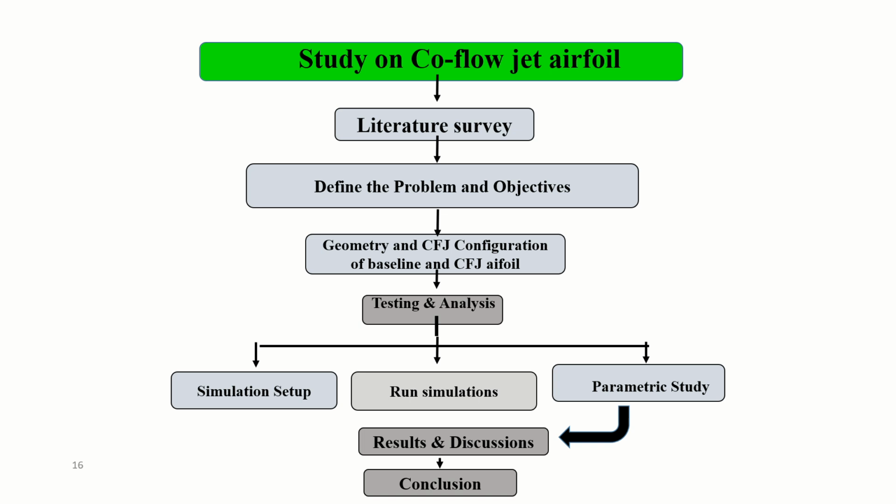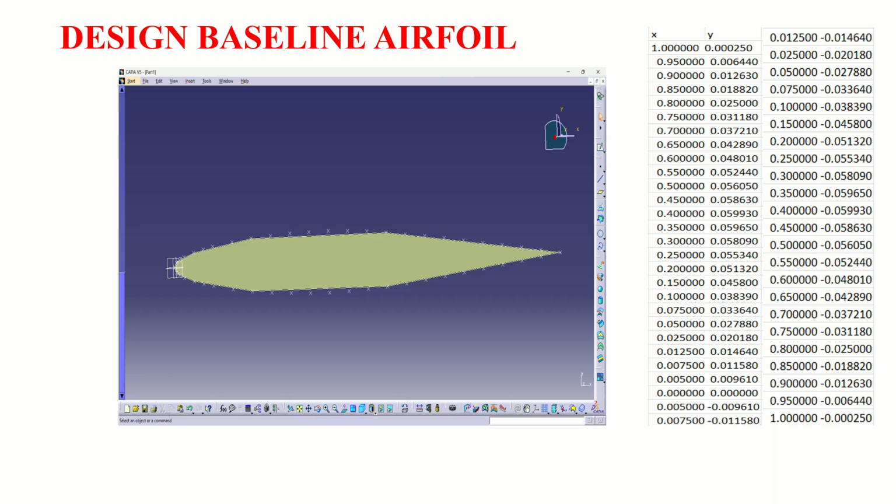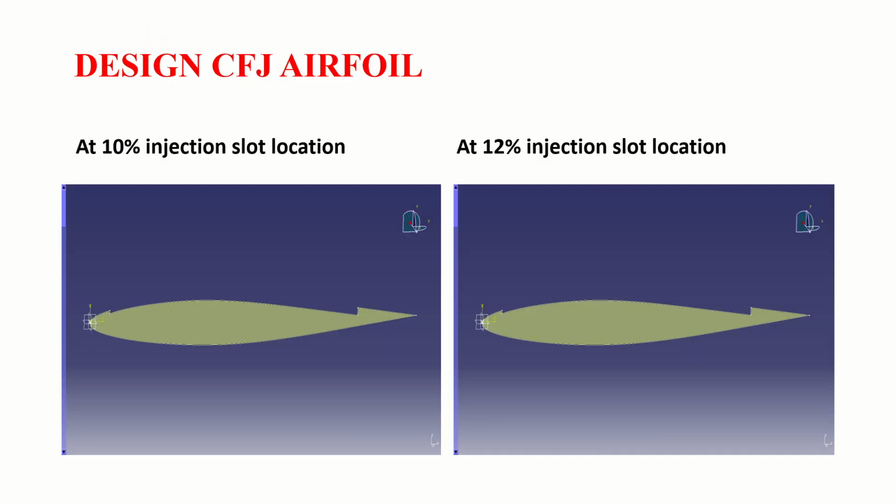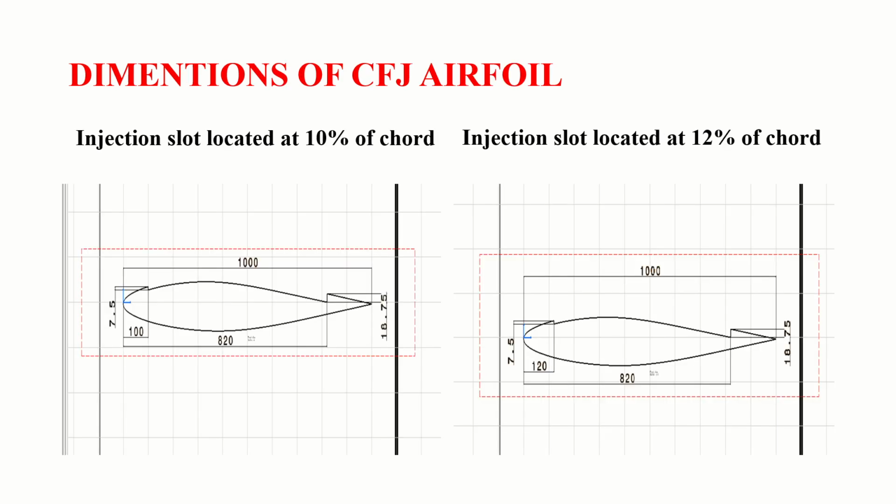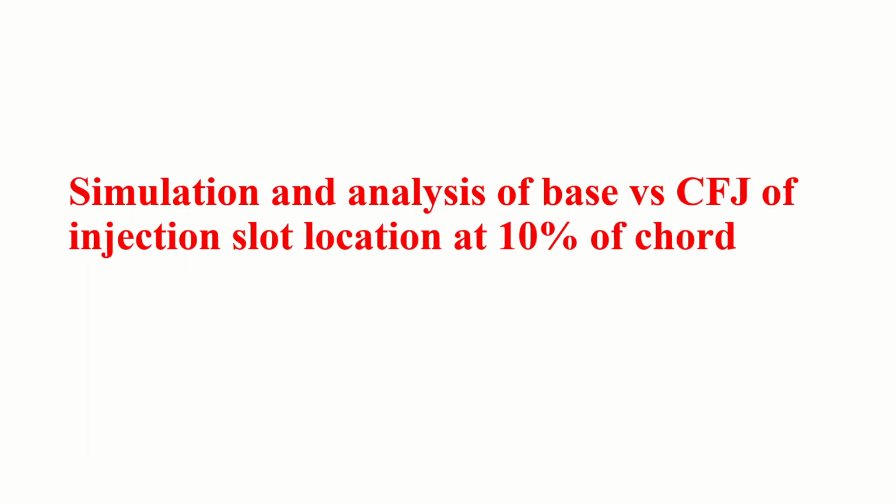We finally concluded that the results and discussions are analyzed. So this is our design of the baseline airfoil. This is our design of the CFJ airfoil, where the injection slot location is 10% and the next is 12% slot location. So, the dimensions of the above particular airfoil.